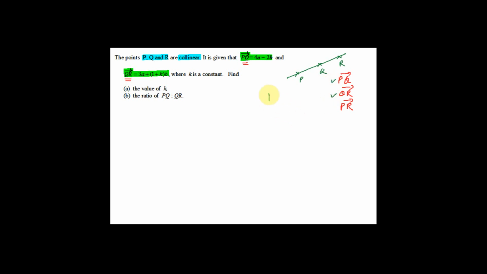Then you have to put the relationship PQ equal to hQR, where h is a constant. You can see here I didn't use k because k has been used here in the vector QR.